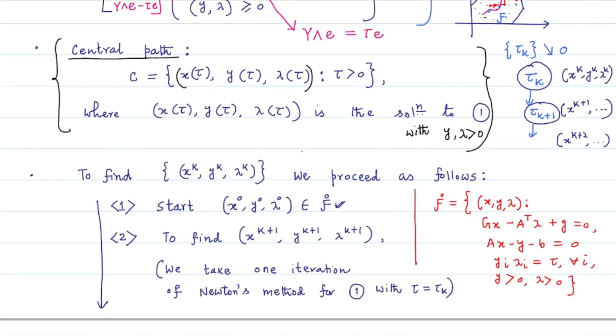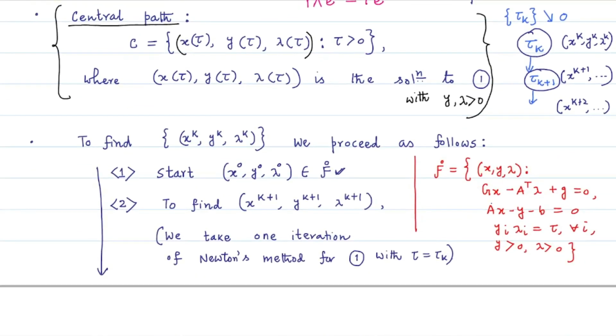And F naught is given by all these equations together with these two conditions, that y greater than 0 and lambda greater than 0.